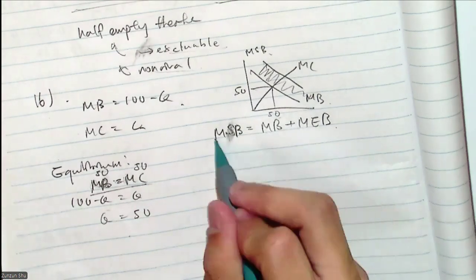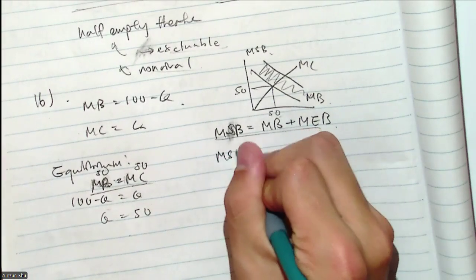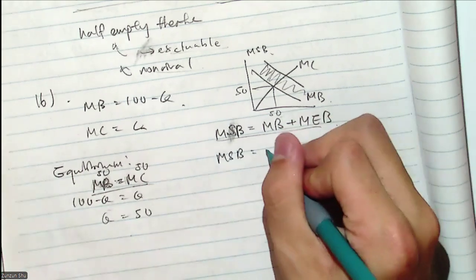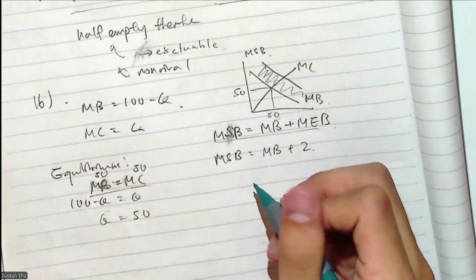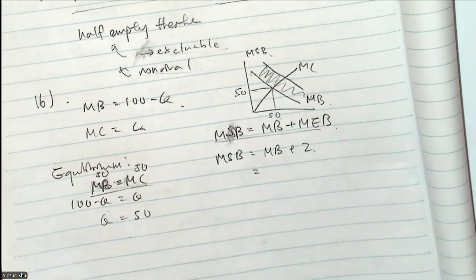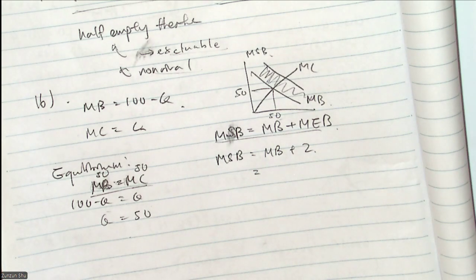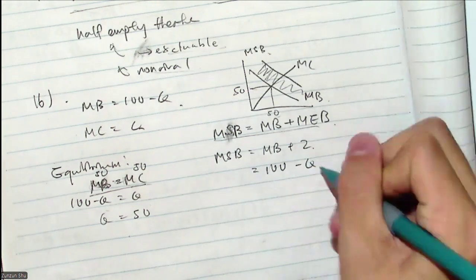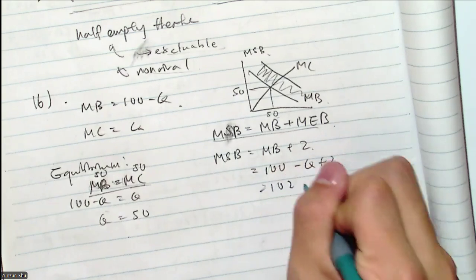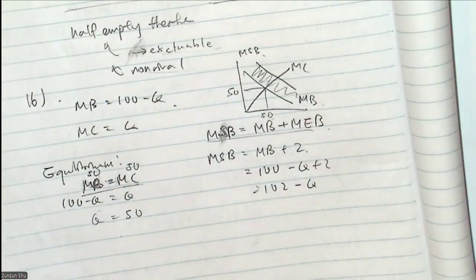Okay, so now we have MSB equals MB plus 2. If we go back to the original formula, that's 100 minus Q plus 2, so 102 minus Q.